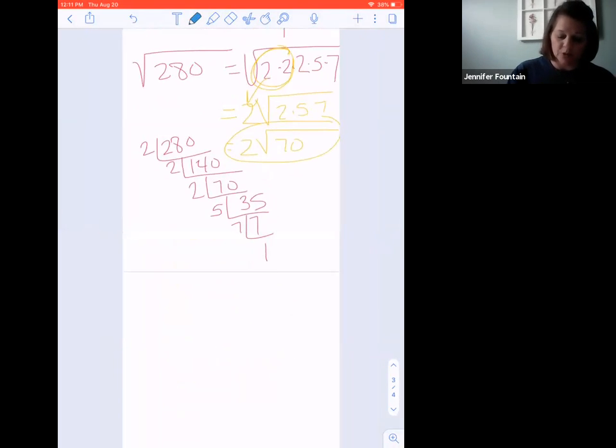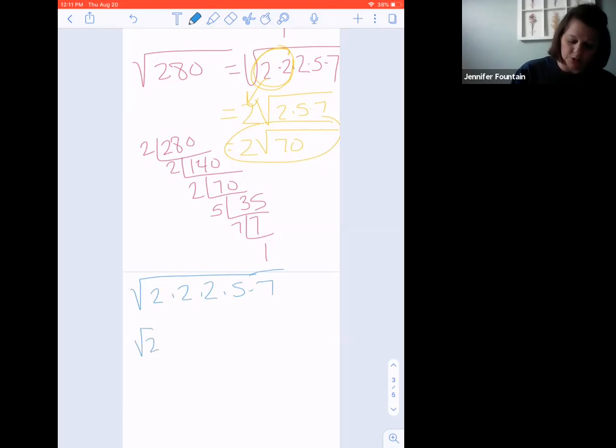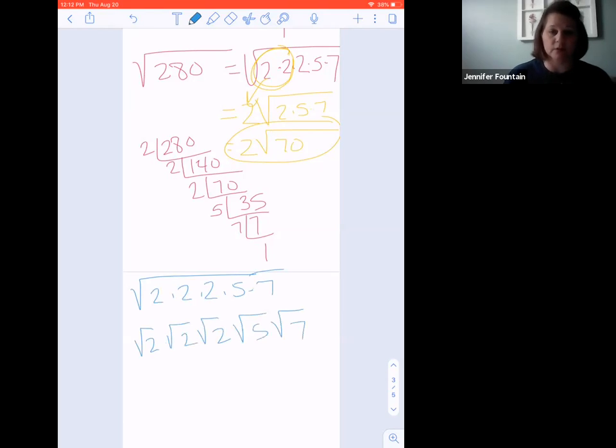So when we broke that down, I could list it as the square root of 2 times the square root of 2 times the square root of 2 times the square root of 5 times the square root of 7. You good with that so far? Those are the same thing.